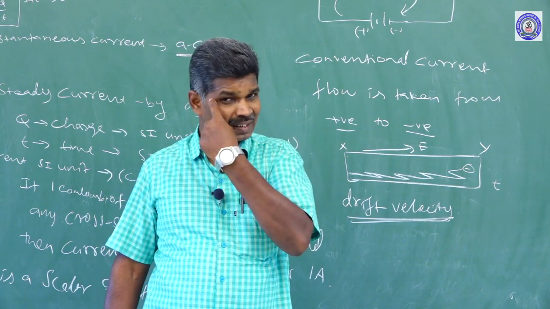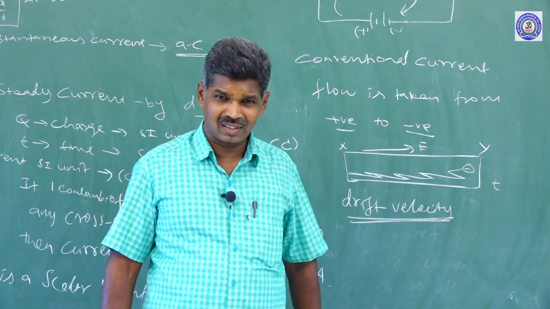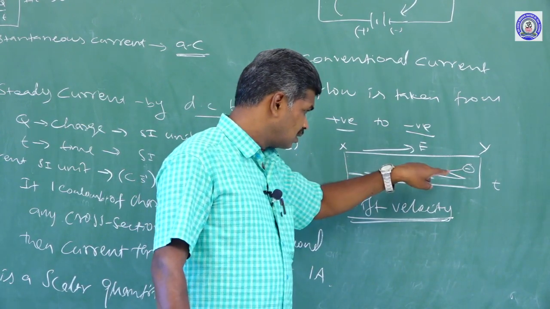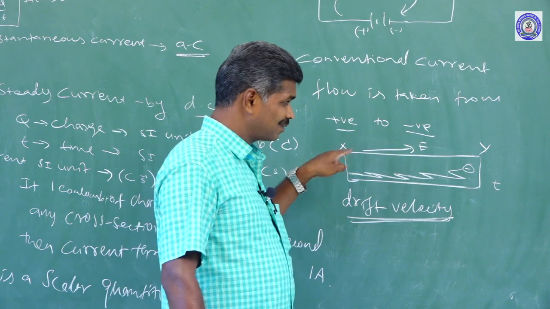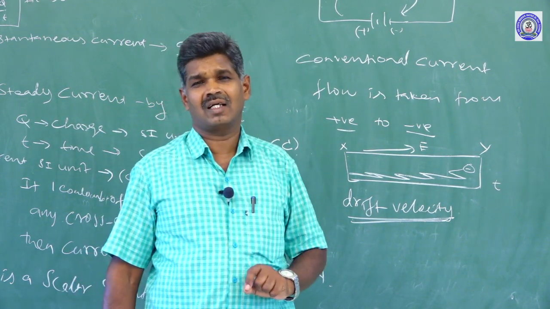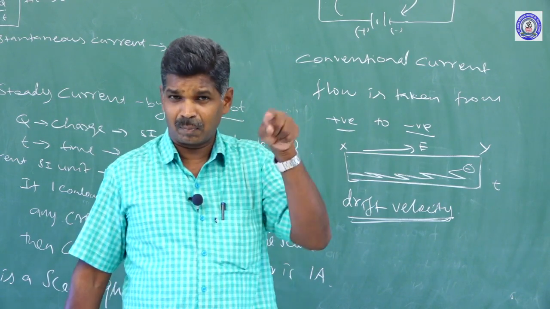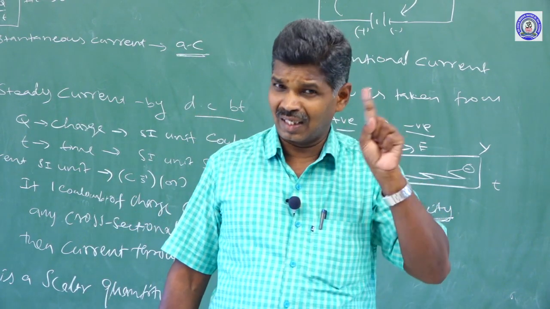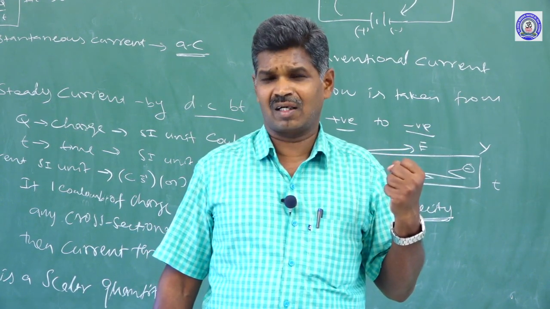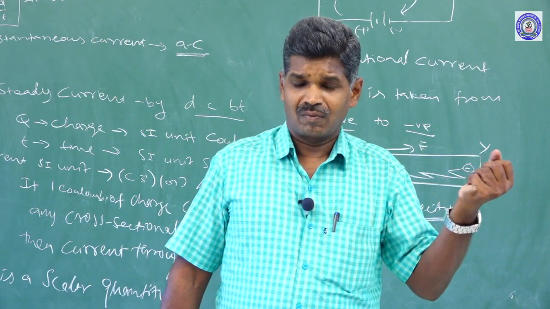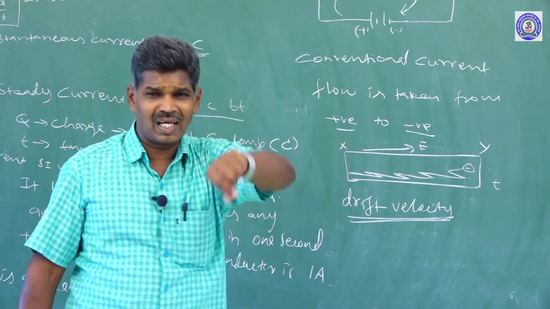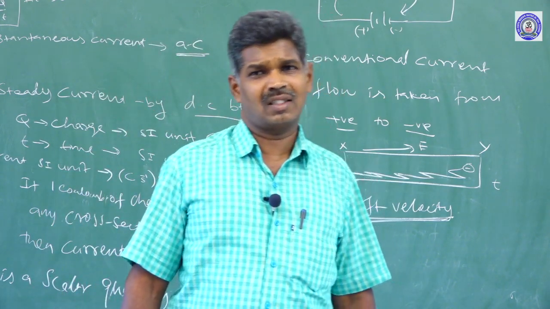So it takes a certain time to travel a certain distance in a certain direction. That is why the free electrons create a current flow, and the electron has a velocity. That velocity is called the drift velocity. When you apply an electric field, it drifts the free electrons from one end of the conductor to the other end.